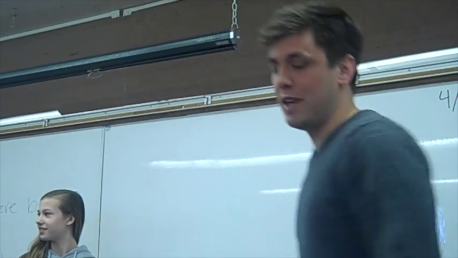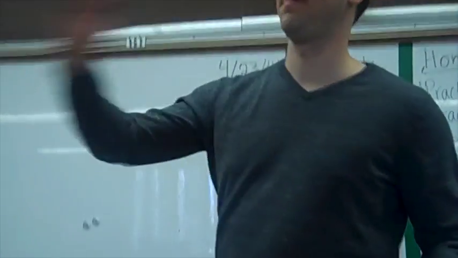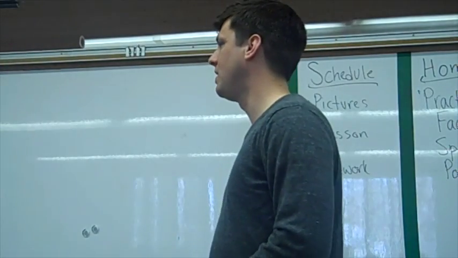Factoring ax squared plus bx plus c, what is different than the last ones here? What has changed? Ax squared, not just x squared.